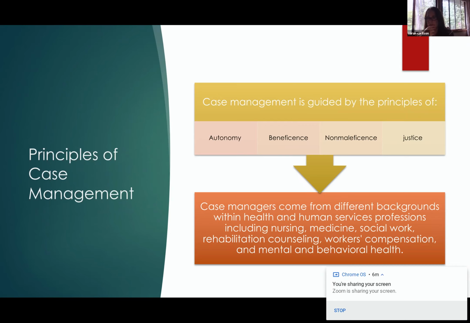We also want to ensure that we are following the guidelines of justice. The definition of justice is going to be different from person to person in this class and the world. But what I want to say is, for the most part, we are advocates for the people that we serve.